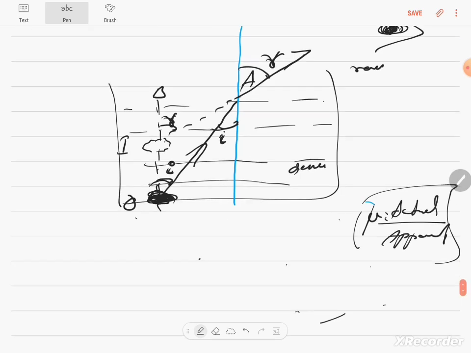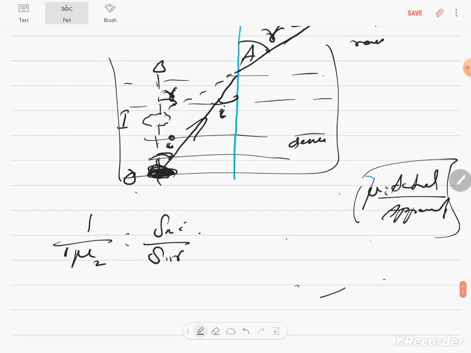I told you what it is? 1 by mu is equal to sin I by sin r. For me, mu is always the second, denser medium with regard to the rarer medium. So when you write mu is equal to sin I by sin r, normally it's mu 2 by mu 1. Here it will be mu 1 by mu 2 is equal to sin I by sin r, correct? Which is equal to the refractive index.